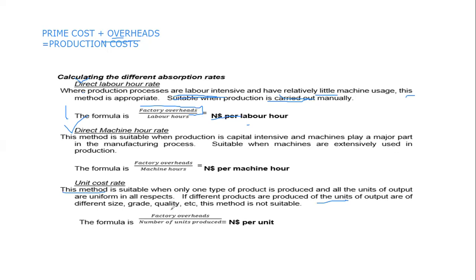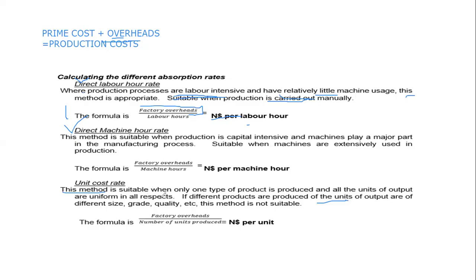Okay. Now, you must know when to use these absorption rates. You must know when to use them. This one, where the production process requires a lot of labor. This one, where the production process requires a lot of capital.